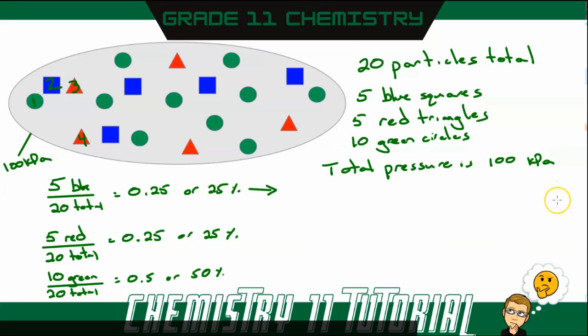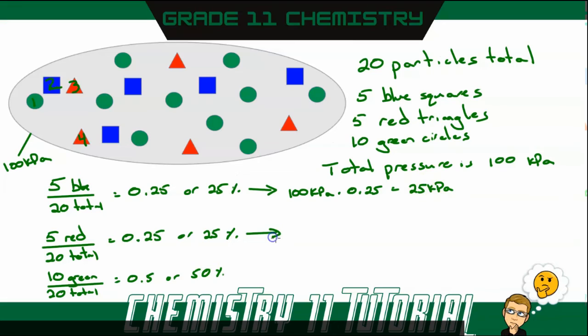So you might be able to see from this example that 25% of 100, which we can calculate by taking 100 kilopascals and multiplying by 0.25, gives us 25 kilopascals. So the partial pressure of our blue squares gas is 25 kilopascals.